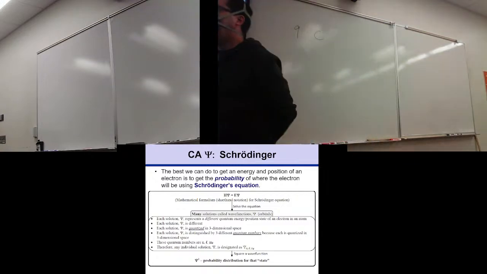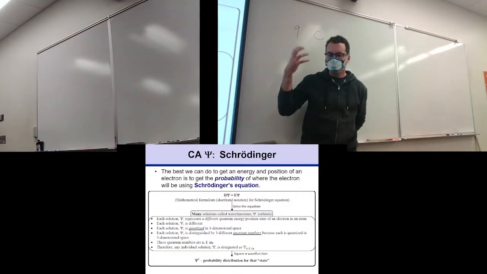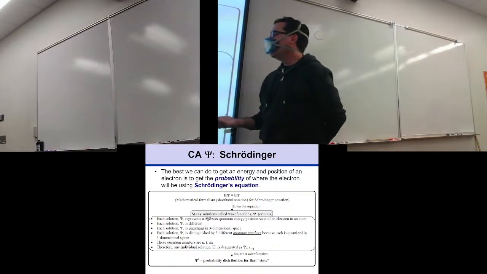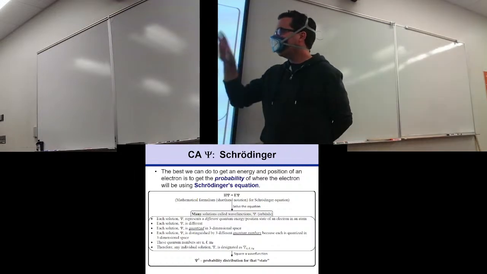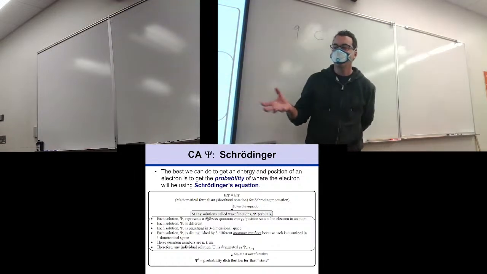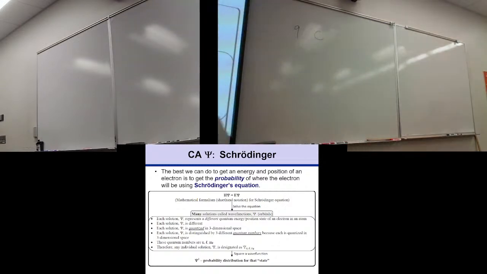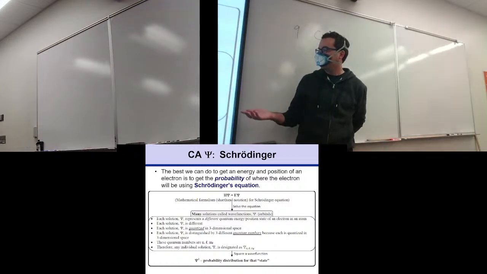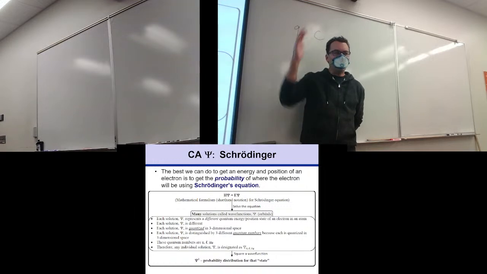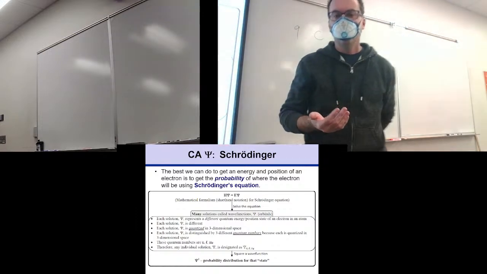Now, these wave functions by themselves don't really mean anything physically. So you can't say the wave function means this. It doesn't have any meaning by itself. But you can transform these wave functions to do a lot of different things. One of the simplest transformations, and I don't mean simple that it's easy to do, is that if you square the wave function, you get what is called a probability distribution. So now it will tell you the most likely positions of your electron, where you're most likely to find an electron.